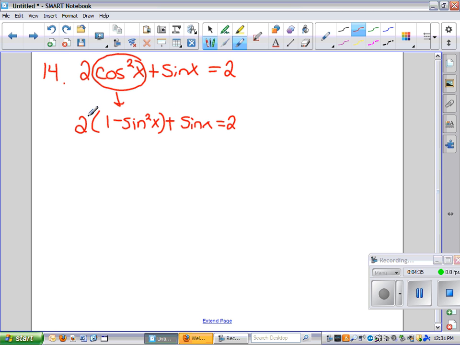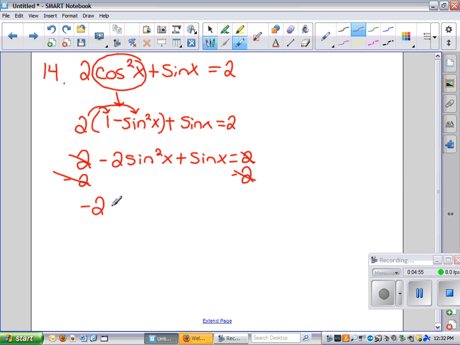Now to solve it, I want to distribute my 2 into both of these terms. So I have 2 minus 2 sine squared x plus sine x equals 2. Now I'm going to try to get 0 on this side, so I'll subtract 2 from both sides. When I do that, these 2's cancel, so I'm left with -2 sine squared x plus sine x equals 0.